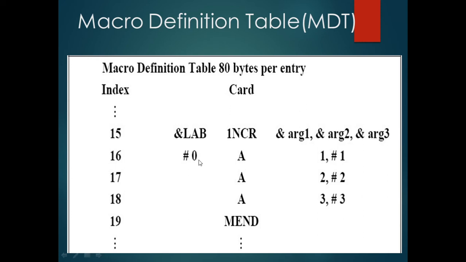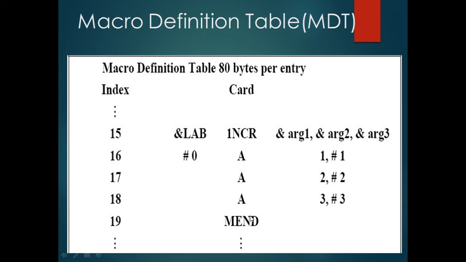The index marker is always prefixed by the hash symbol. Then hash 1 is the data 1, which is stored at index 1 in ALA. Hash 2 is the index marker for the data 2 and hash 3 is the index marker for the data 3, and this is the MEND, that is the end of the macro definition.